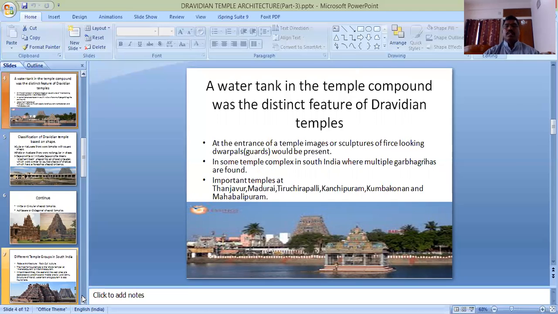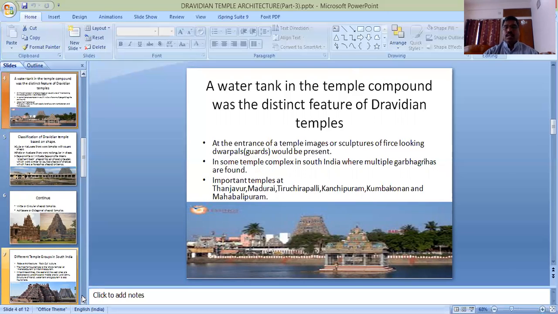At the entrance of a temple, images or sculptures of fierce-looking Dwarapalas or guards would be present. It is also another feature that you must have seen.